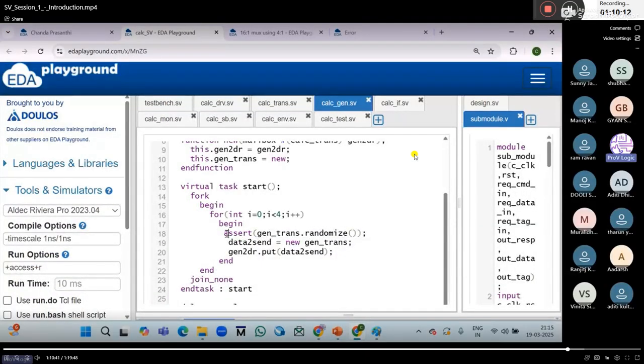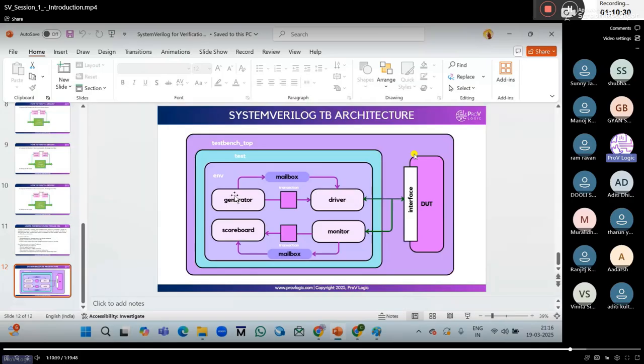After doing randomization, on the 20th line, gen2dri.put. That means we are putting the data into the mailbox. Same here also: from the generator, we put the data into the mailbox, right? In the driver, we need to get the data from the mailbox. Same we do in the driver.